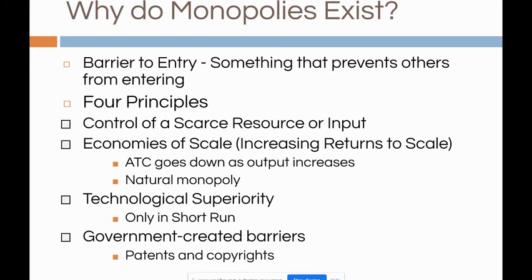And then the last one is a lot of times the government, while they're trying to protect our intellectual property and our rights, what you need to realize is that sometimes they help create monopolies. So if I have an idea for a product, I could put a patent on something, and then I could be the only one that controls it. I could also have copyright to a song or a movie script or different things like that.